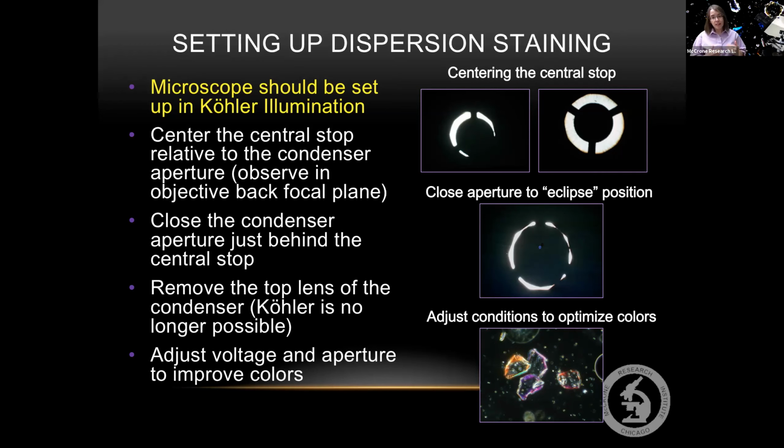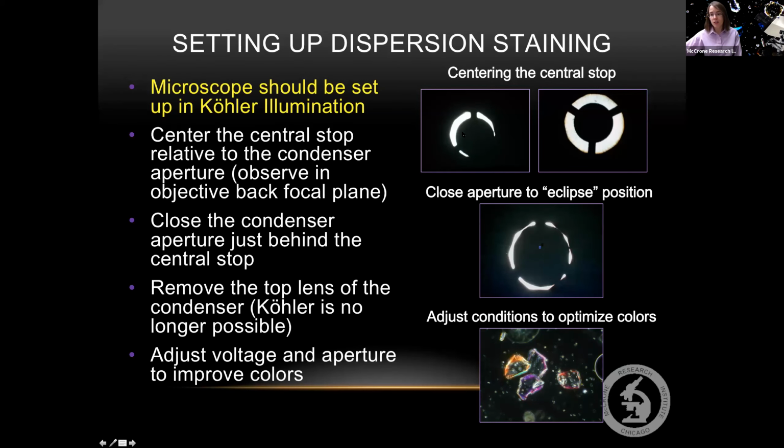So the next step for setting up dispersion staining is that the central stop within that objective needs to be centered. And it needs to be centered within the condenser aperture. So if we look at this image over here on the right, here's our central stop, and surrounding it is our condenser aperture. And we can see that the stop is not well centered with respect to the condenser aperture.